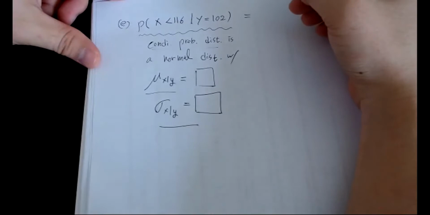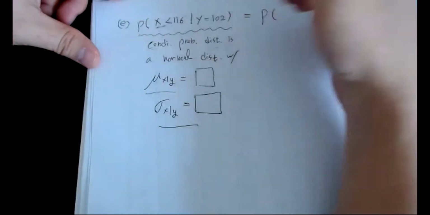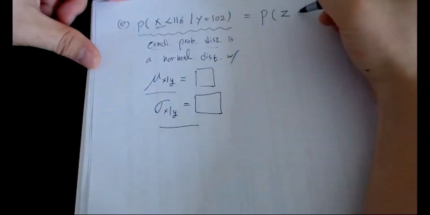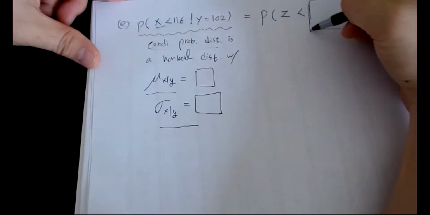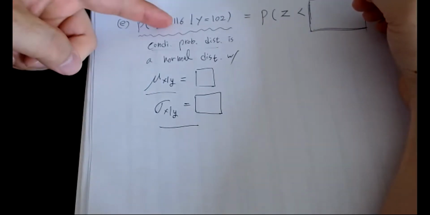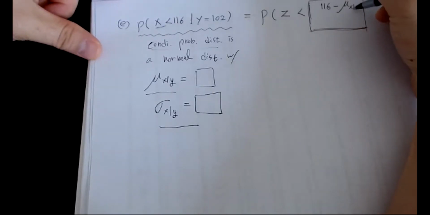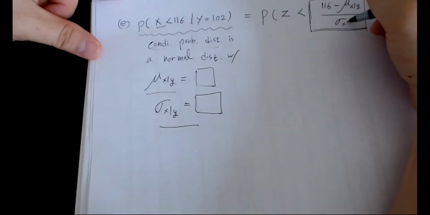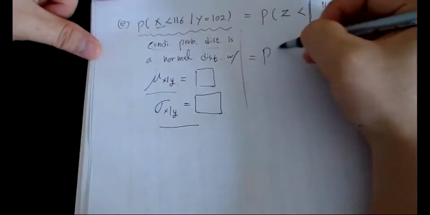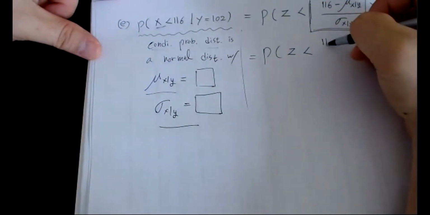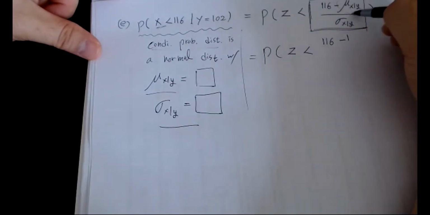So using this, we can change this to the probability that z is less than, applying the z-score formula to the number 116: 116 minus mu x given y, over sigma x given y.